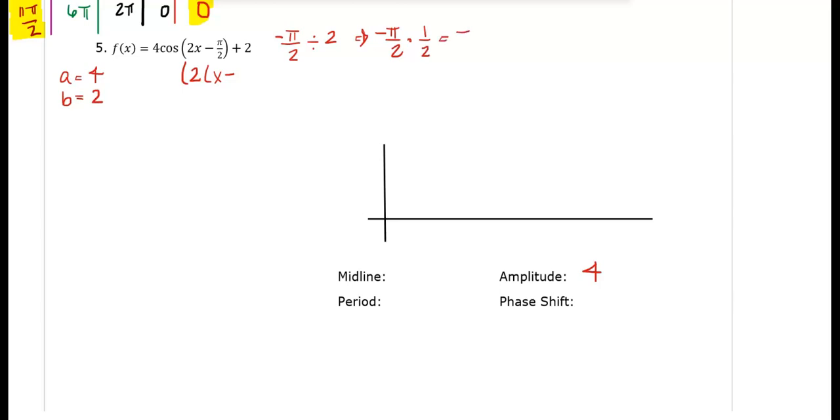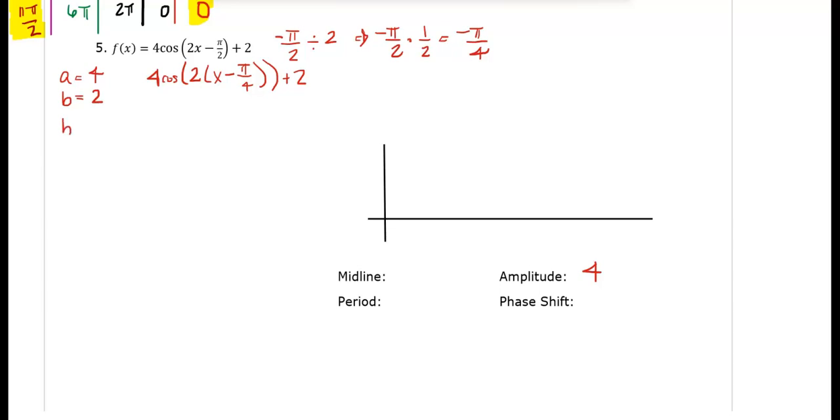So that's just negative pi/4. So we have 2 times x minus pi/4 plus 2. And then we still have the 4 cosine in front. So that's our factored equation with the correct information in it.